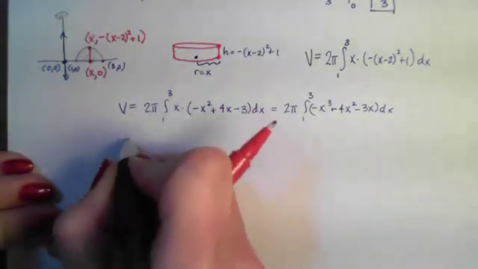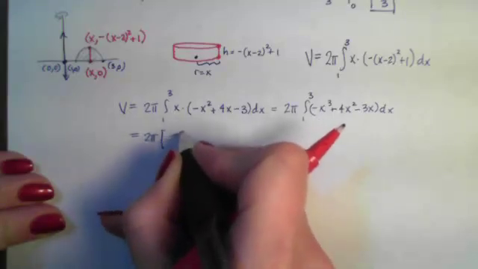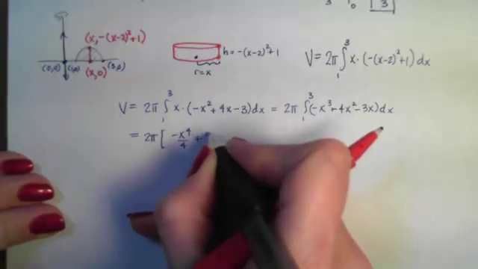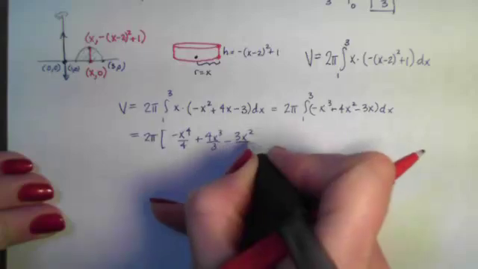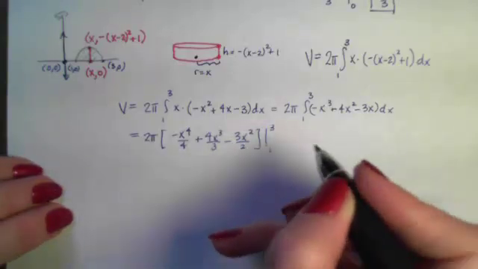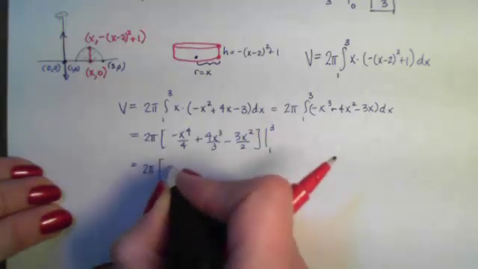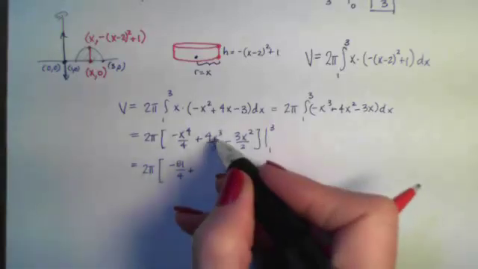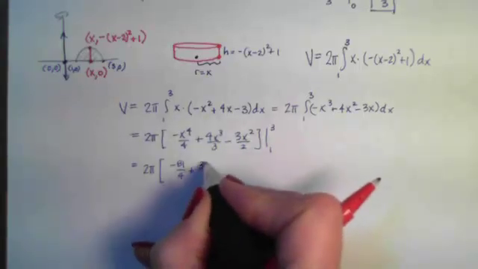So now I'm ready to do the antiderivative. Antiderivative is going to give me a negative x to the 4th over 4 plus a 4x cubed over 3 minus a 3x squared over 2, and that gets evaluated from 1 to 3. So if I plug the 3 in, I have a negative 81/4 plus, I have a 3 cubed over a 3, so that's a 3 squared, which is a 9 times 4.